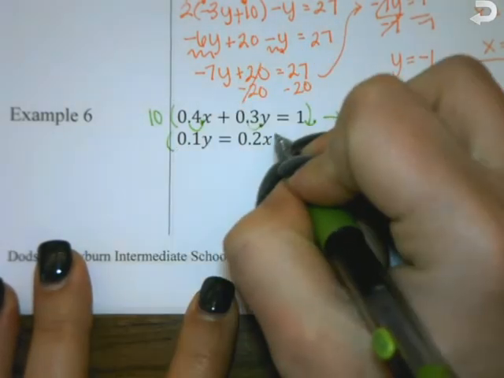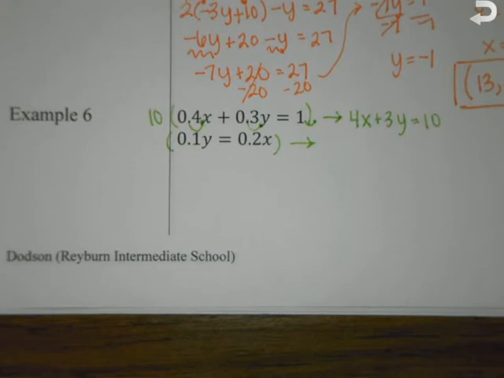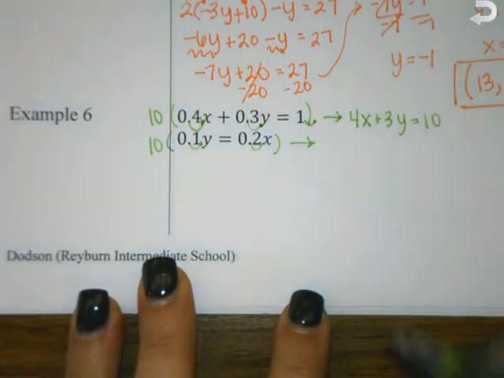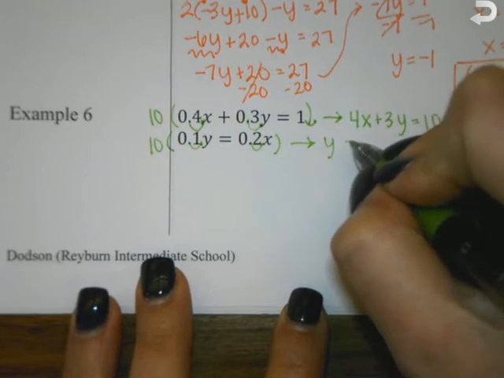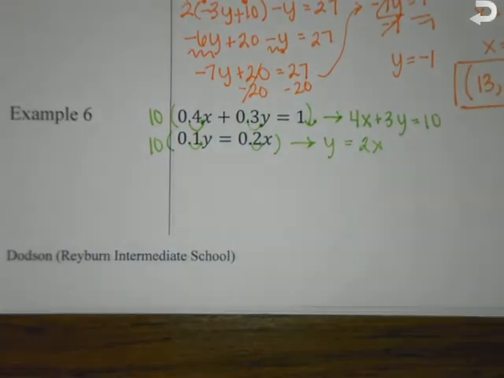So what would I multiply the second equation by? 10. Also 10, because I only want to move the decimal once. So what would my second new equation be? 1y, or y, equals 2x. So now, what would I substitute?